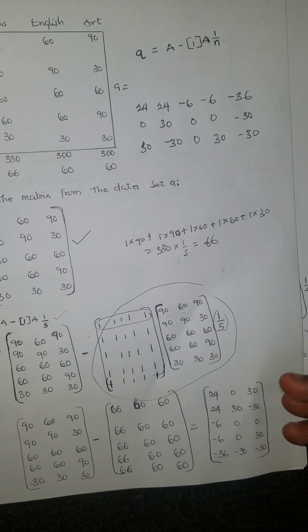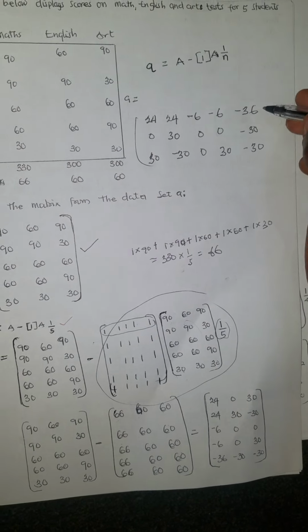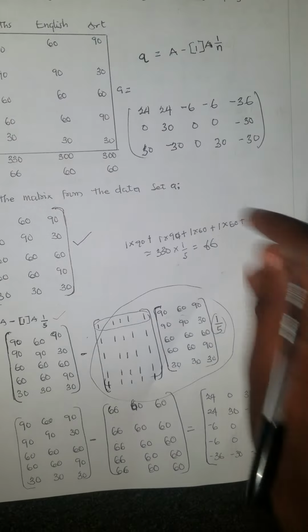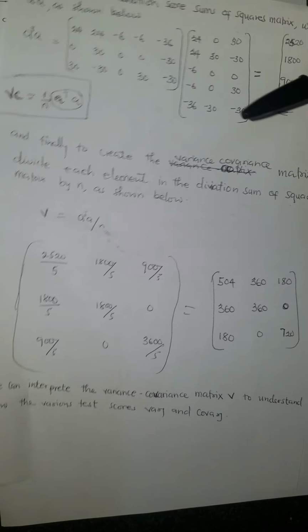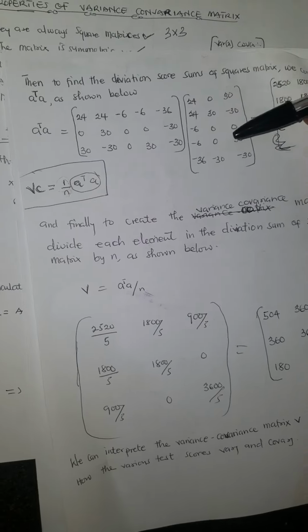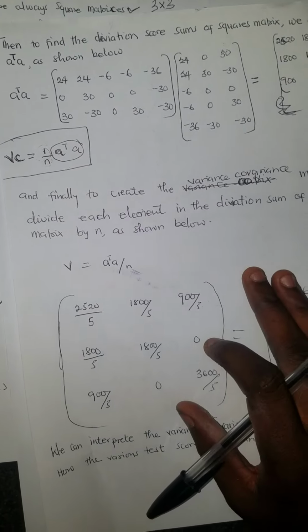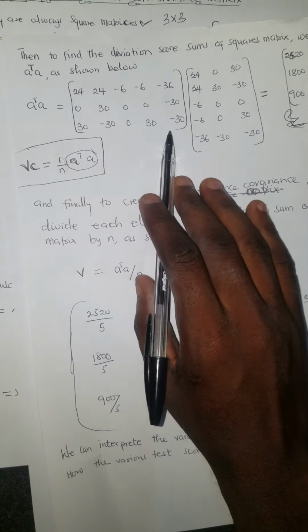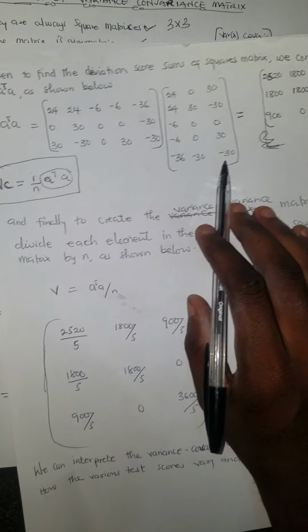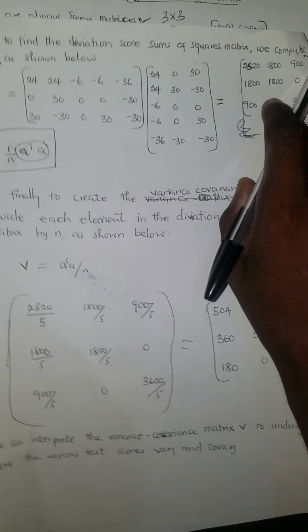So this is it. When you transpose it, this is what you get, and you see that this is the same matrix we did here. After our transposition, this is what we have. Multiply it by the same matrix.